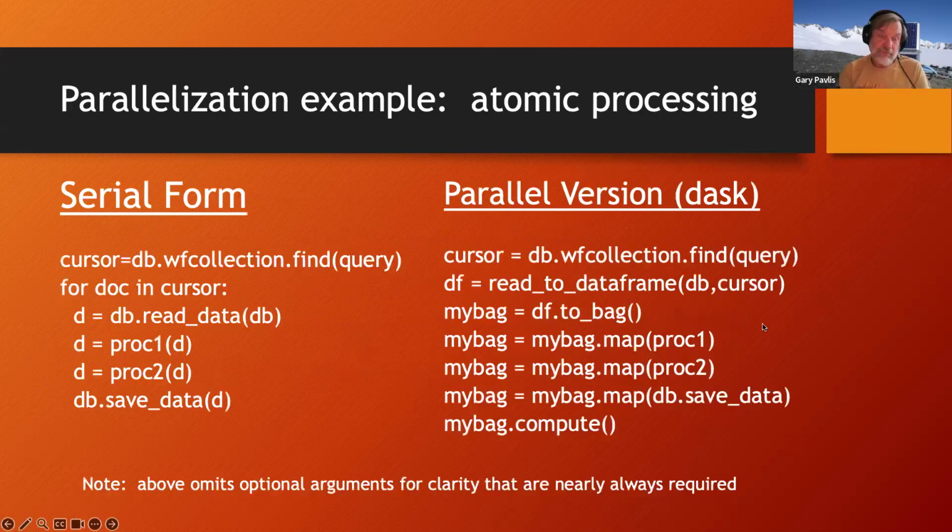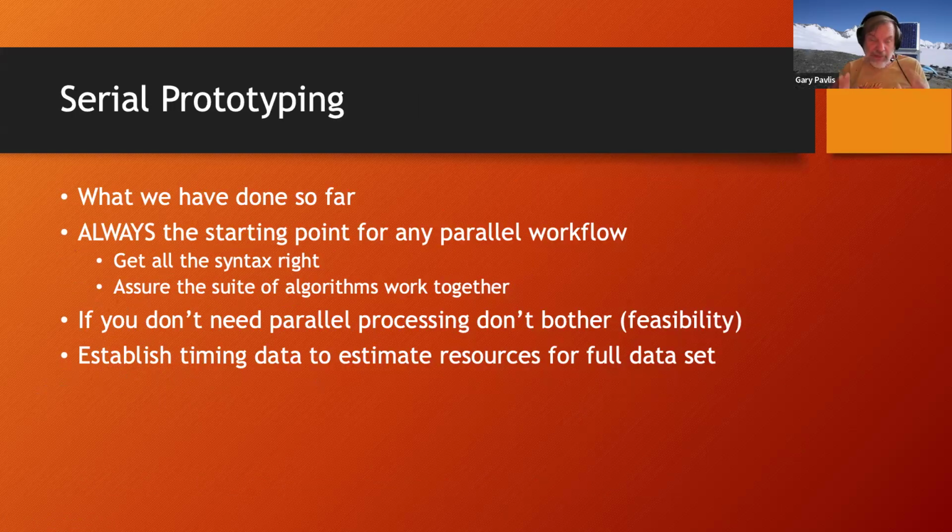One of the first rules about running parallel work is if you don't have to, don't do it, because it introduces all kinds of additional problems. And the best advice is you always get it working on a subset of the data in serial first.